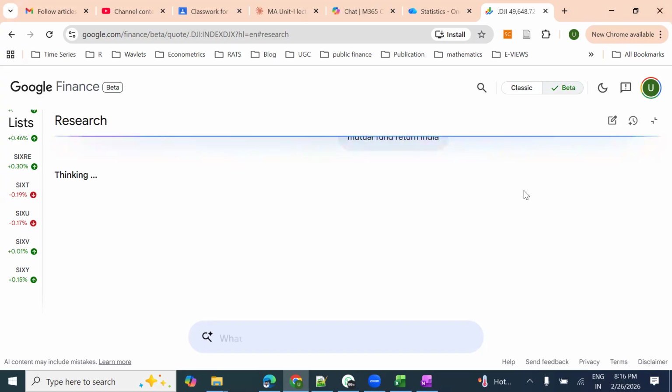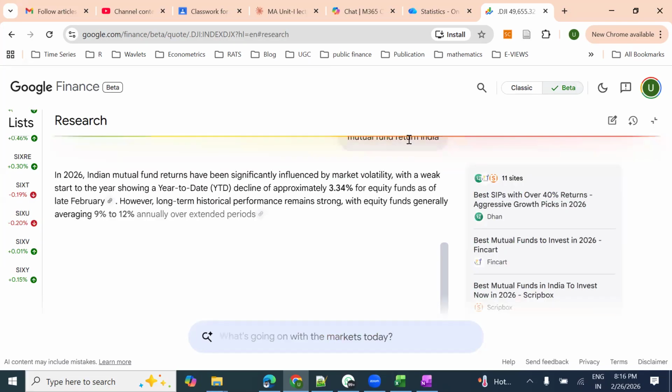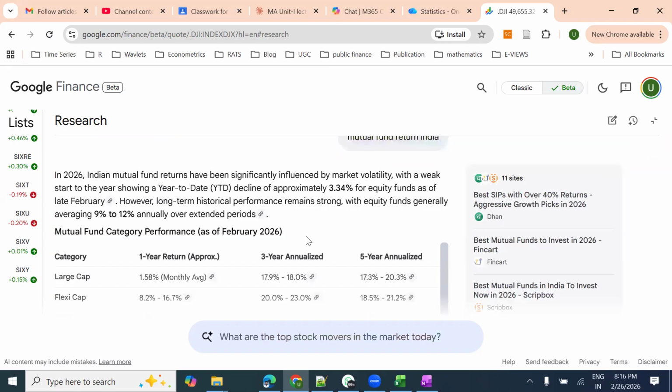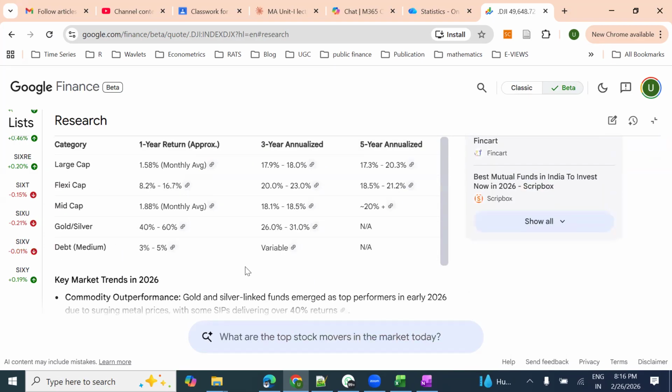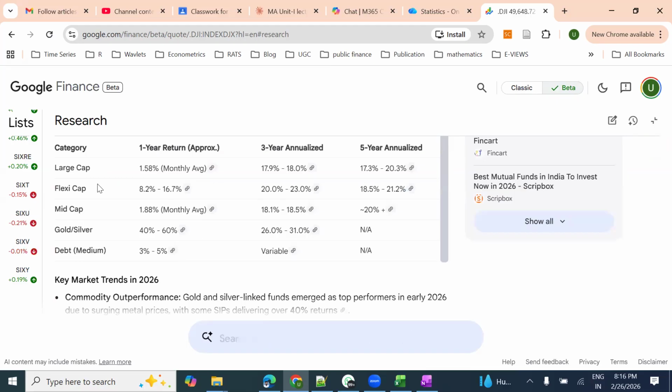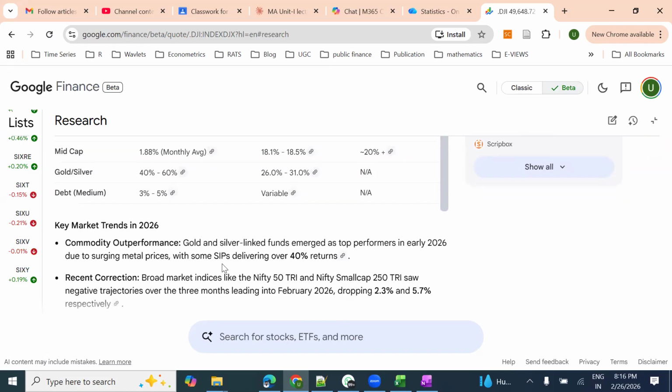It will give you some of the popular mutual fund names, and you can see mutual fund categories. There are many mutual funds: large cap companies, flexi cap companies, mid cap companies, debt companies.